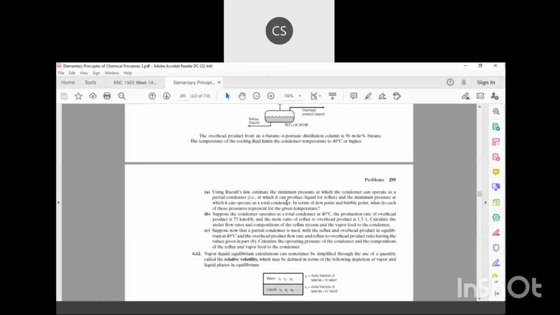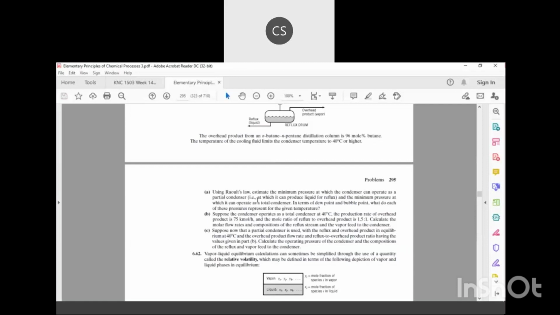You have to understand the term dew point first. The dew point means the pressure at which the first liquid droplet forms when the gas is cooled slowly at constant pressure.